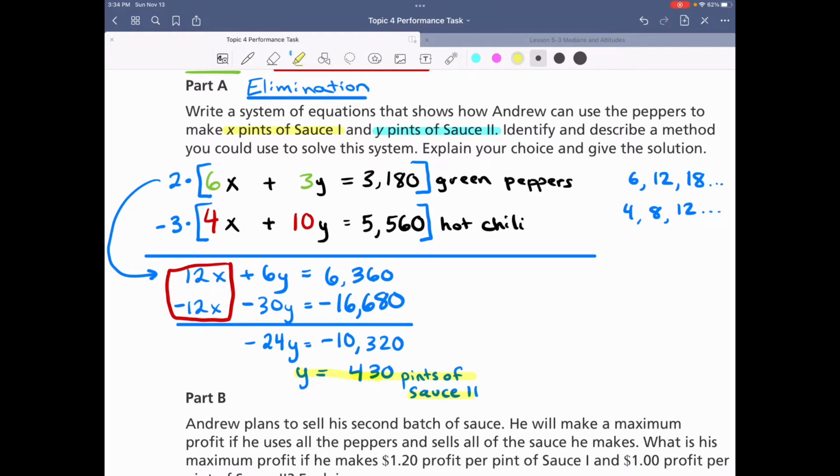So which original equation do you want to plug it into? I kind of like the 10, right? Like 10 times things are easy. So I'm going to choose the second equation to plug into y. So 4x plus 10 times 430 is equal to 5,560.